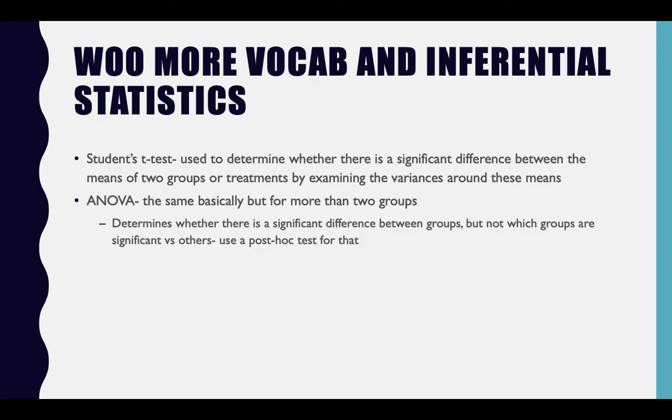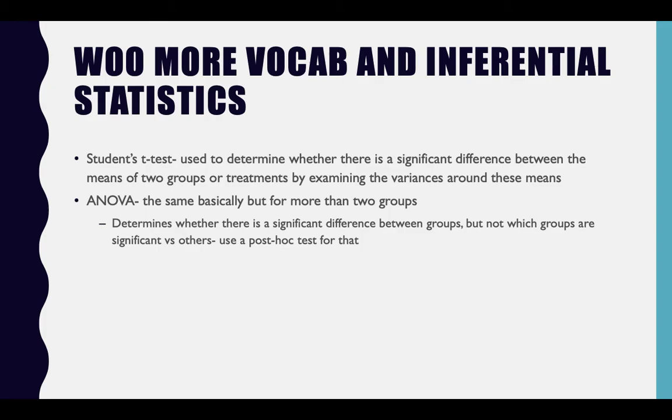All right, here's some more vocabulary for inferential statistics. Here are some of the analyses that you run with inferential statistics. So, student's t-test is used to determine whether there is a significant difference between the means of two groups or treatments by examining the variances around these means.